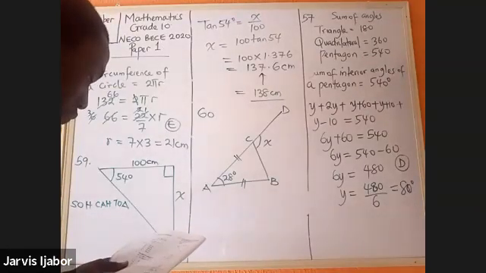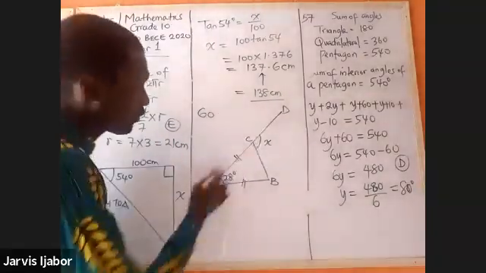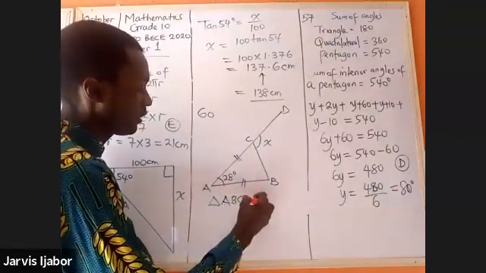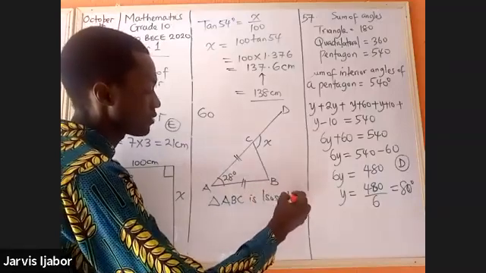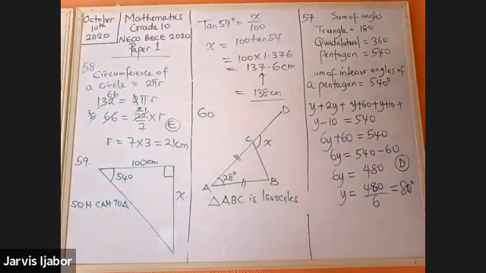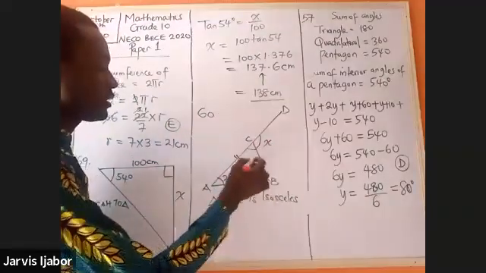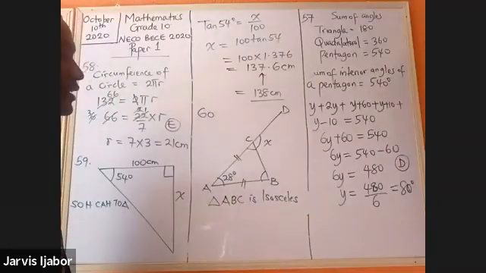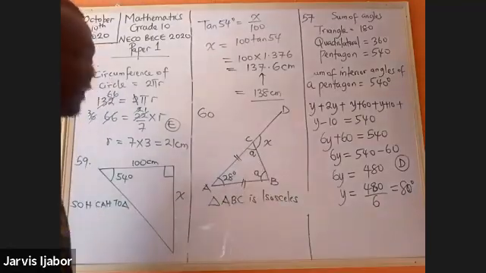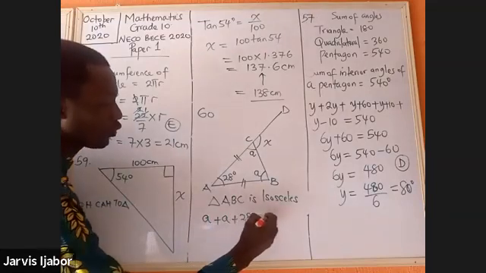So remember that from our knowledge of triangles, what type of triangle is triangle ABC? Triangle ABC is isosceles. How do I know this? We know that for an isosceles triangle, the base angles are equal. These are the base angles. Are you seeing that? So if we call this angle A, we will not have done any harm. So it means that A plus A plus 28 will be equal to 180 degrees.